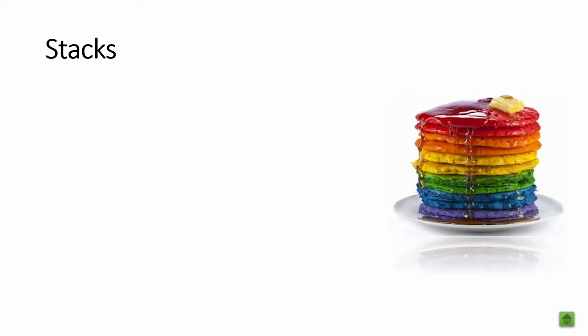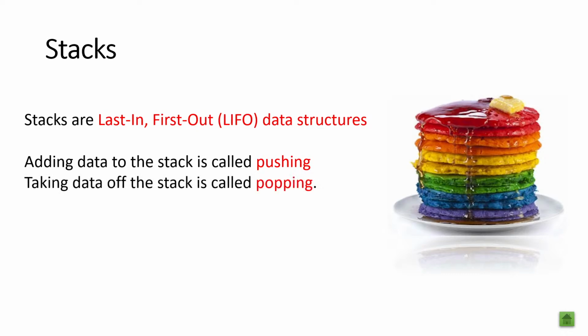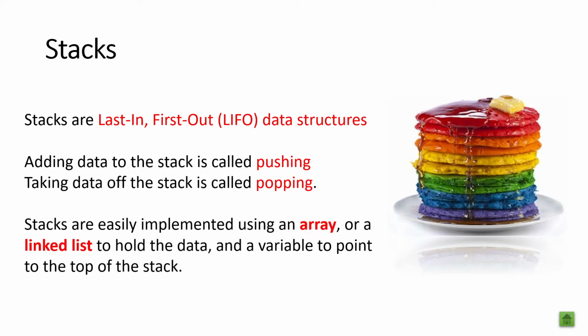Now, the next thing to talk about is a stack. Stacks are very, very useful data structures indeed, and they are a last in, first out data structure. So adding to a stack is called pushing, taking off from a stack is called popping, and stacks are usually implemented using an array or a linked list to hold the actual data.